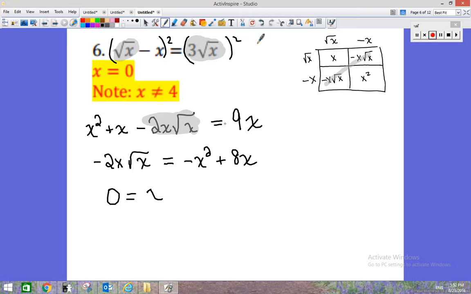So let's move that term to the other side so it changes sign. Well, look at these three terms. What do they have in common? Well, they all have an x in common.